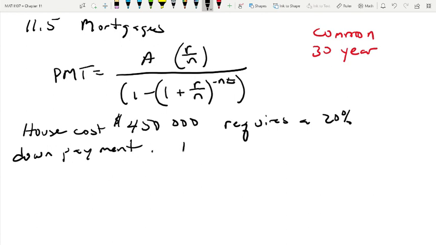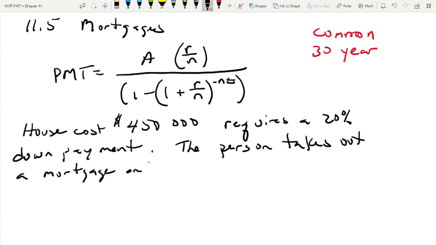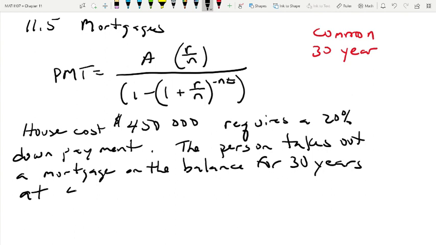And then the person takes out a mortgage on the balance for 30 years at 4.23%.